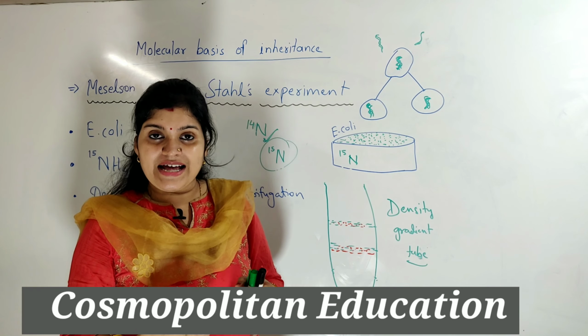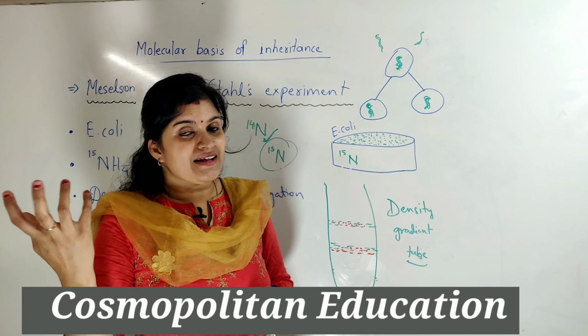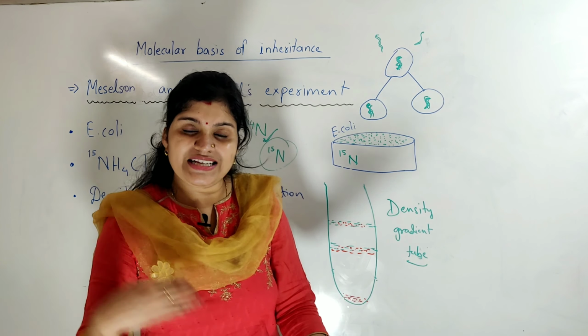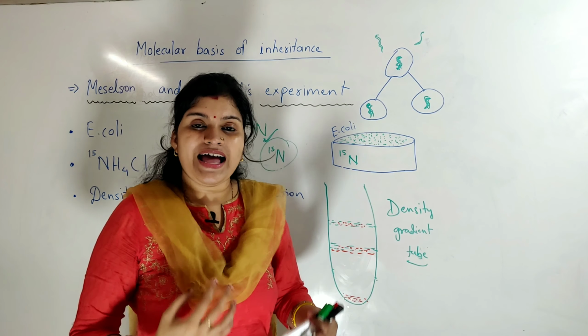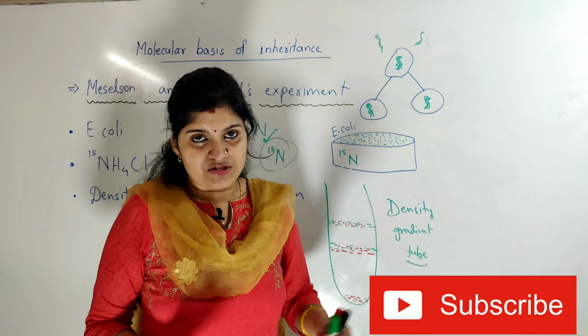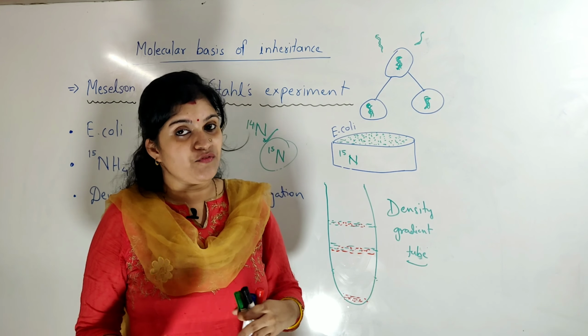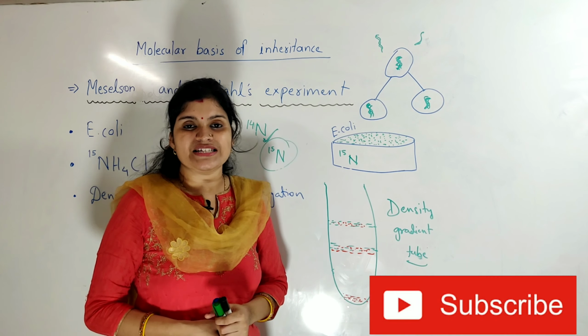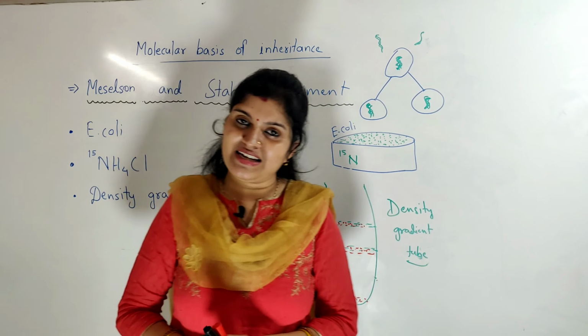So some strands of the DNA they got from their parents which were having N14, and the new strand which was generated was having N15. That's why this showed both the nitrogens present in their genetic material, N14 as well as N15, and this simply explained the semi-conservative mode of DNA replication.